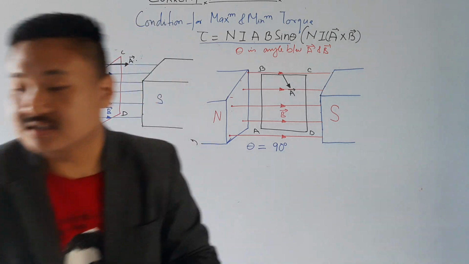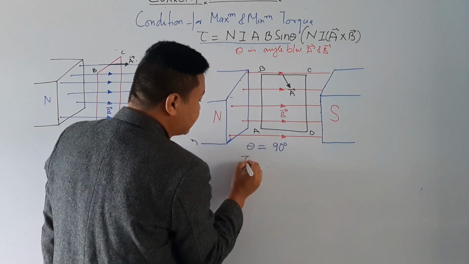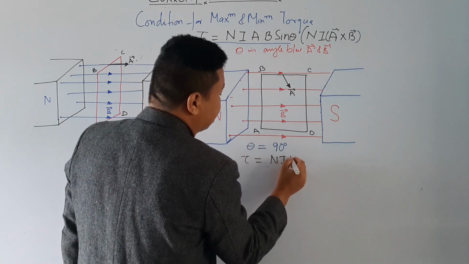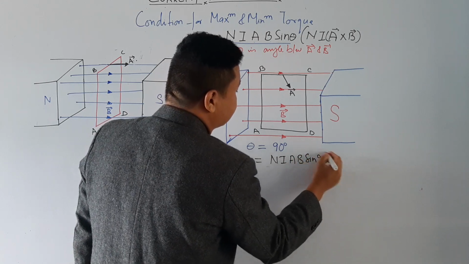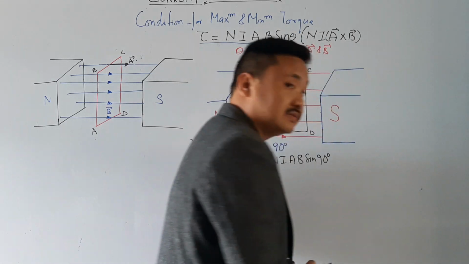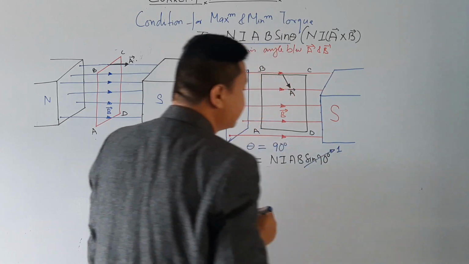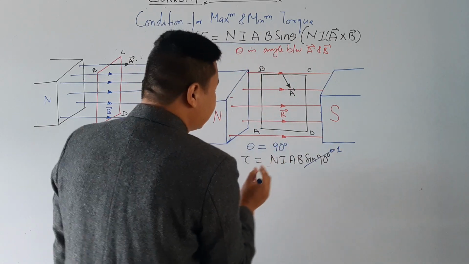So what do we get? If we do so, we will get tau is equal to n I A B sine 90 degree, right? So what is the value of sine 90? The value of sine 90 is 1. We know that the maximum value of sine theta and cos theta is 1.